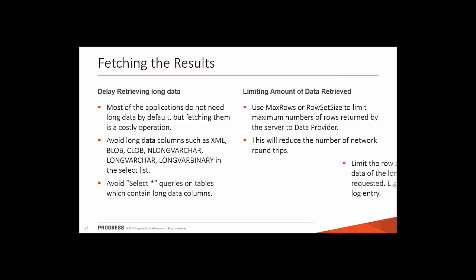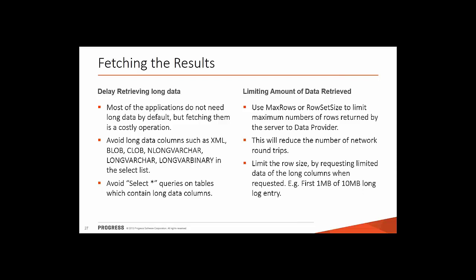And again, when you are trying to fetch long data columns or huge data, suppose I have a table which stores a log entry which is 10 MB in size. When I'm fetching that particular column, based on the business requirement, I can just fetch a snapshot or a few initial bytes of that log entry, like 1 MB out of 10 MB, and display it to the user.